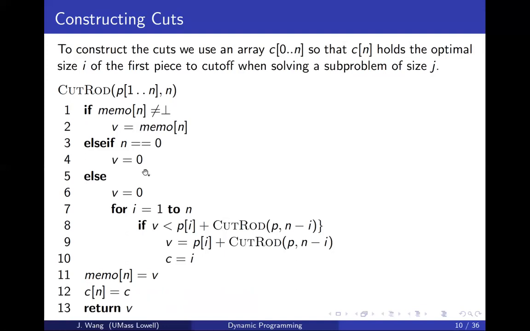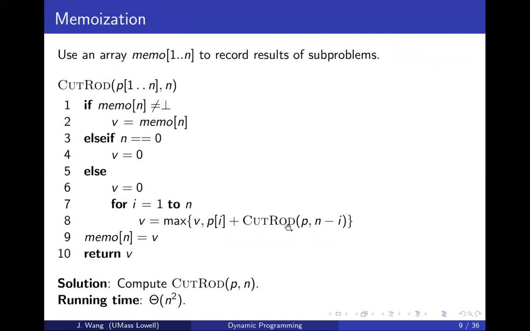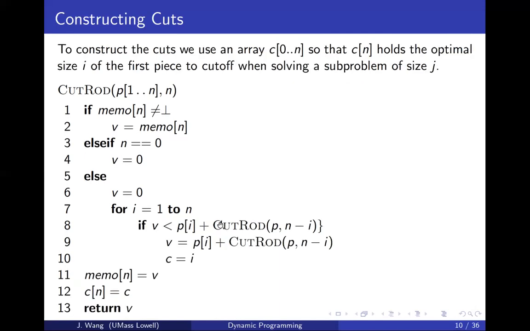So up to this part is still the same, but now, instead of getting the maximum, I want to know exactly when I get this i. So of course I will check if V is less than P of i plus this.